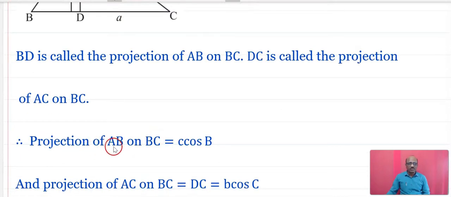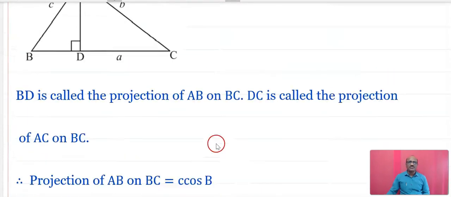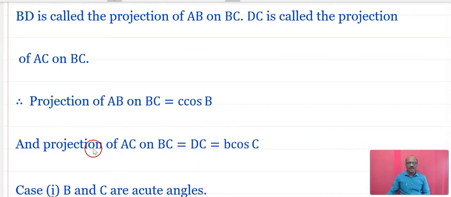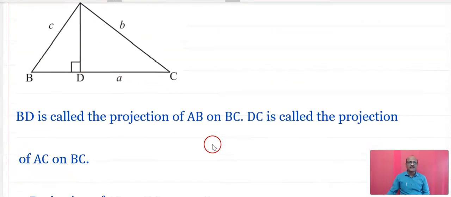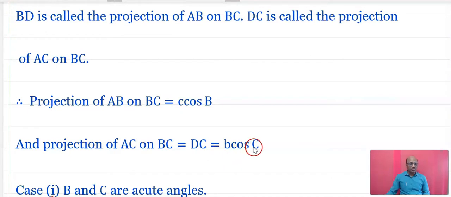The projection of AB on BC is equal to c cos B, and the projection of AC on BC is equal to DC, which is b cos C.